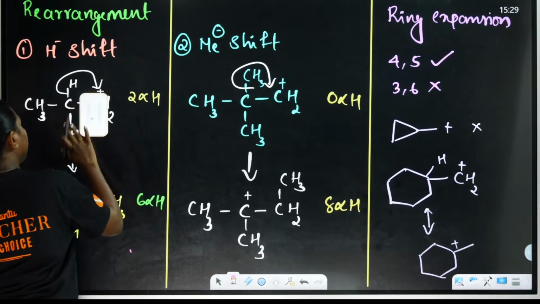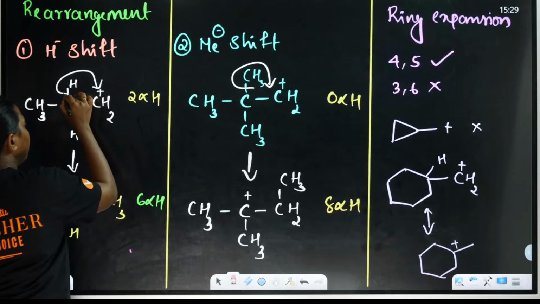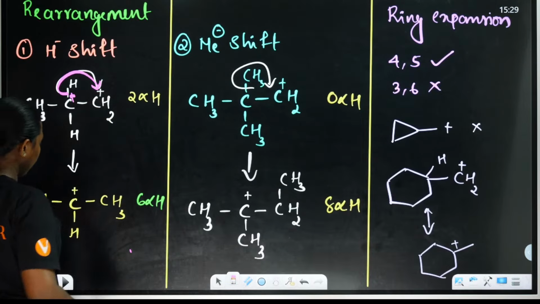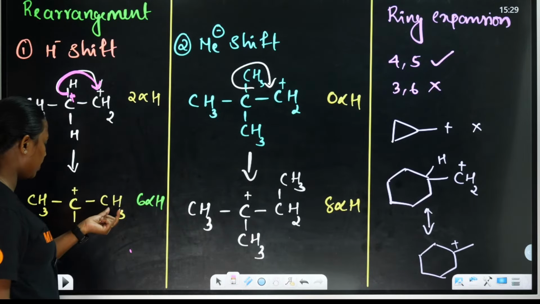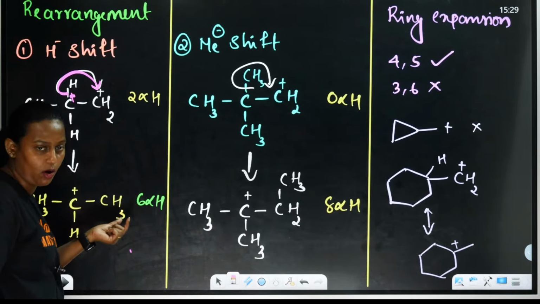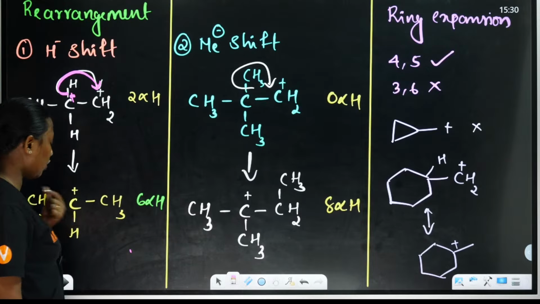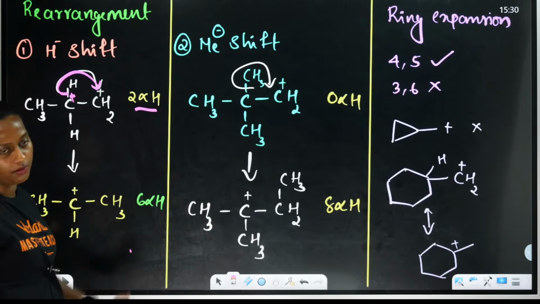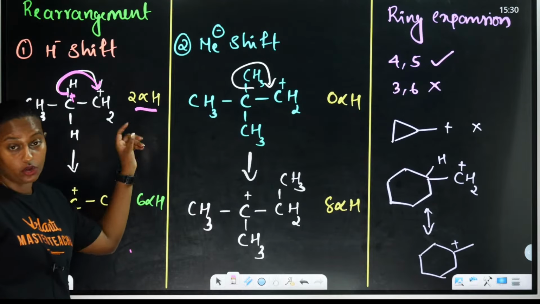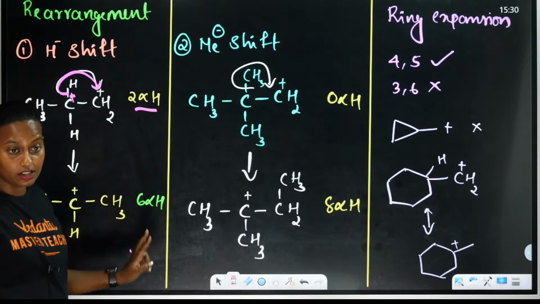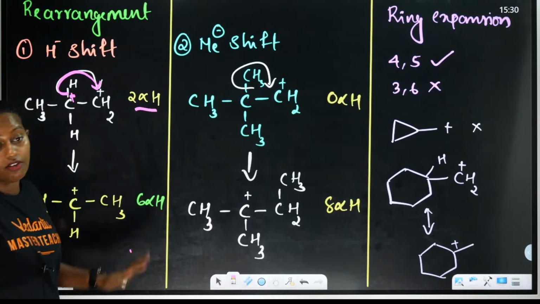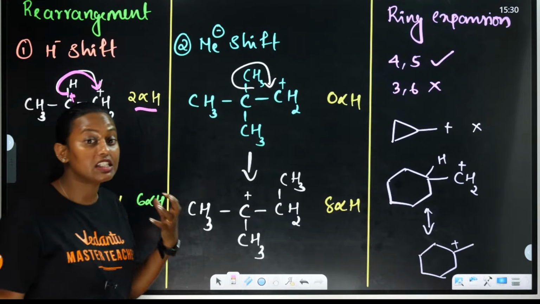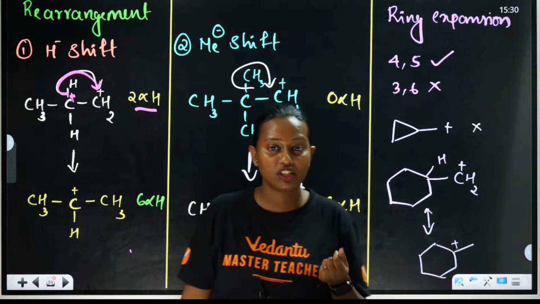So this hydrogen will shift here and the carbocation will shift here, meaning CH3 will form. Here you can check the number of alpha hydrogens. Here 2 alpha hydrogens are there, here 6 alpha hydrogens are there. 6 alpha hydrogens means it is more stable.